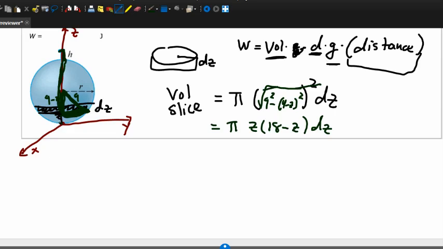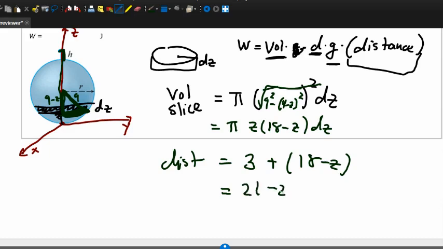Remember, from bottom to the top was 18, that's the diameter. But I'm looking at the slice at level z, so I have to subtract this part, z, and that will give me 18 minus z, right? So the distance that I'll have to move this slice will be 3, that's the height, plus 18 minus z, which is 21 minus z.